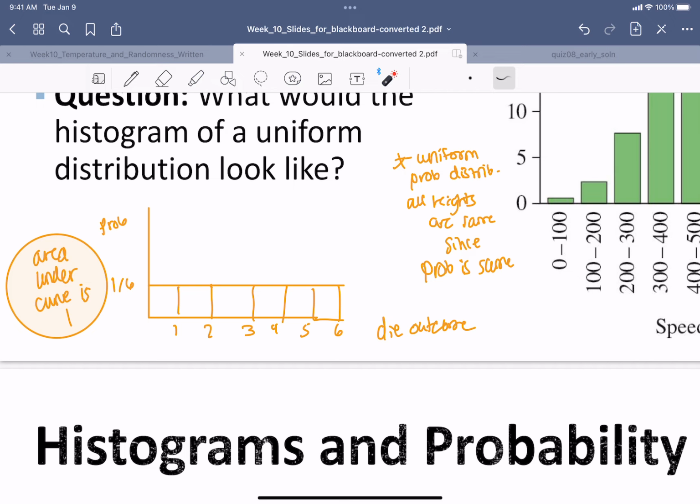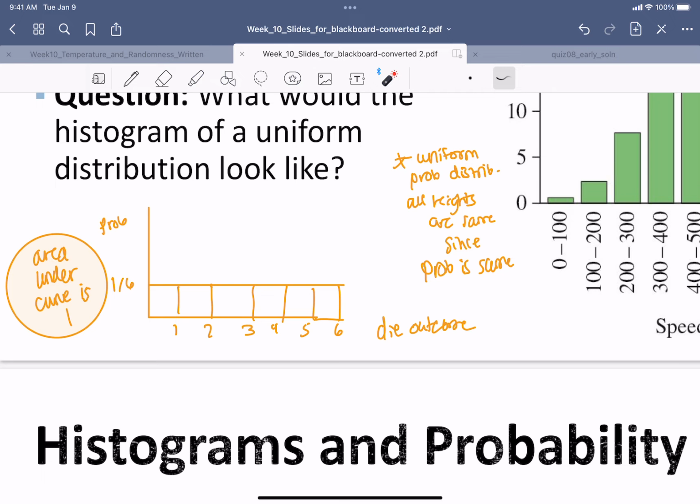And since each outcome has the same probability, rolling a 1 or rolling a 2 or rolling a 3 is each 1/6. They would all have the same height. And then if you think about it, since you have 6 outcomes, if you multiply that by 1/6, 1/6 times 6, you get a total of 1 as your probability overall, which makes sense because we want everything to add up to 1, right?